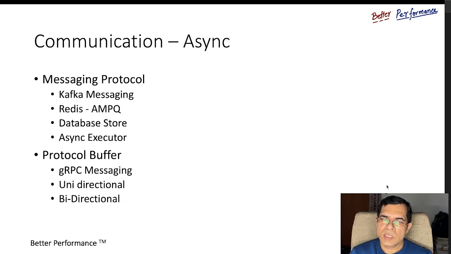In async communication, we use messaging protocols like Kafka messaging, Redis, AMQP, and also a database store, async executor, protocol buffers, gRPC messaging, unidirectional or bidirectional, and also the unary method.